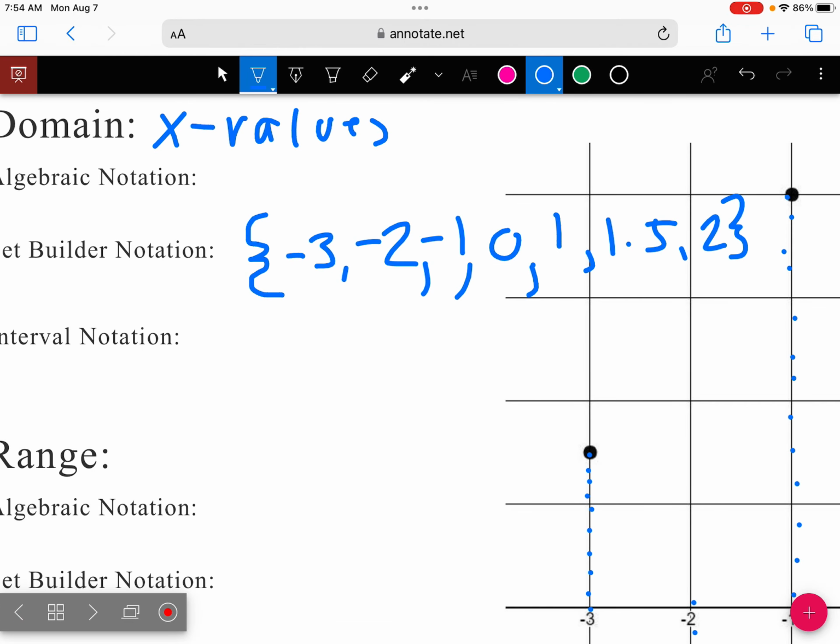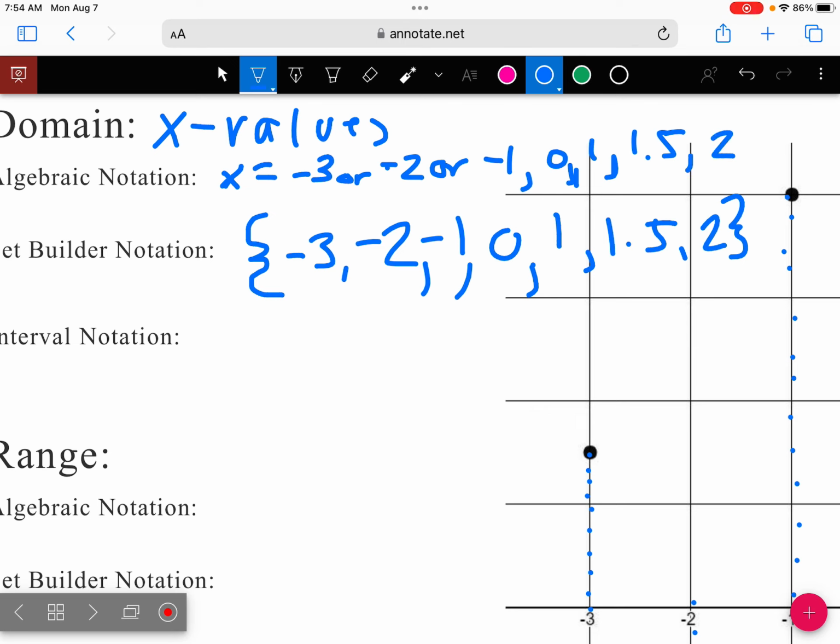Algebraic notation is exactly the same list, just without the squiggly brackets. It's that x equals -3 or -2 or -1, 0, 1, 1.5. So it's like straight up a list.